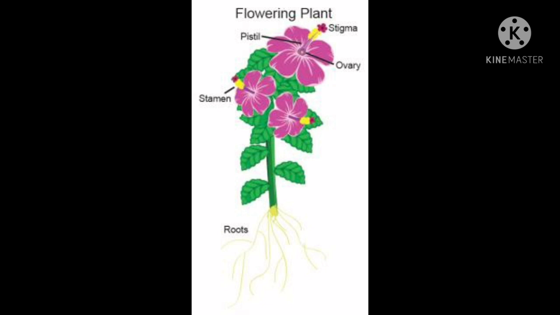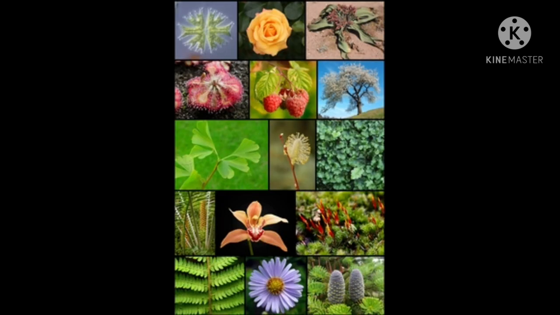Plants are classified in many ways based on stems, lifespan, seeds, flower and color. Dear children, in this session we will study the classification of plants based on flower and color.